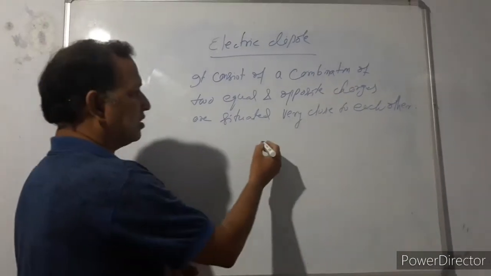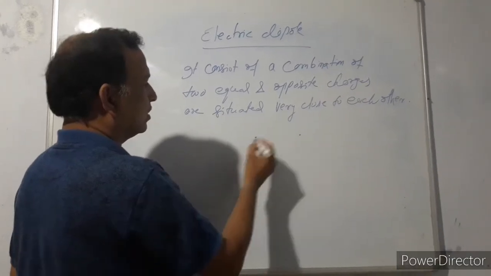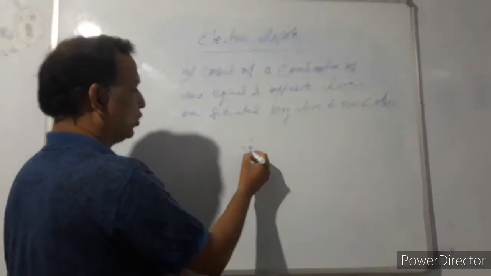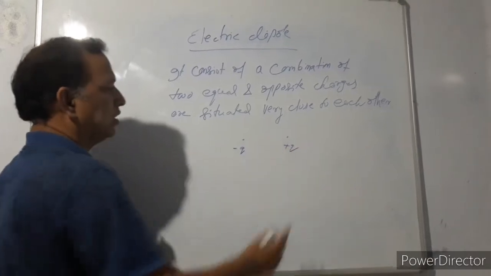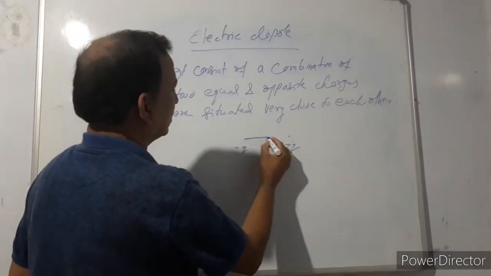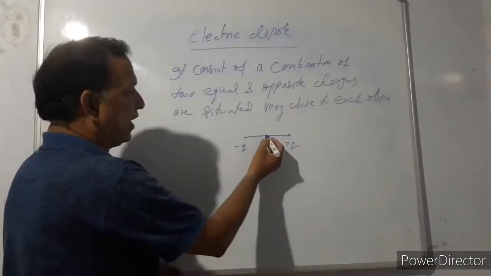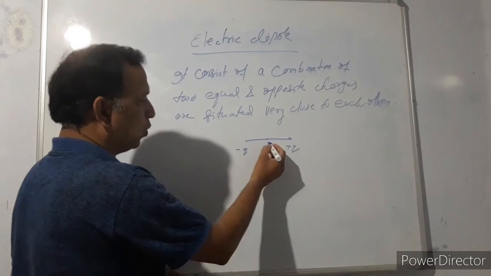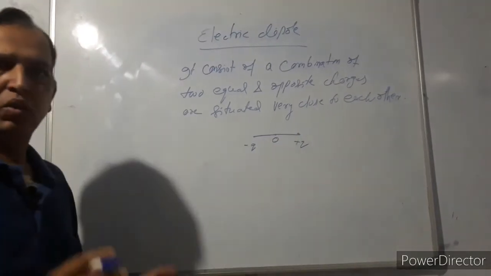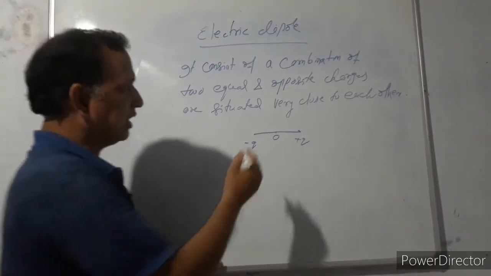So let us consider, suppose these are the two charges, minus q and plus q, equal and opposite. This is the dipole. The middle point O is called the center of the dipole.